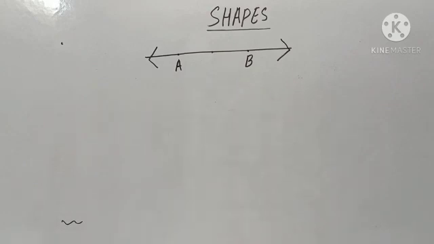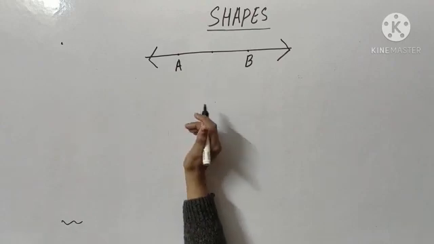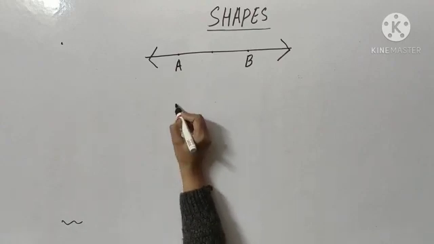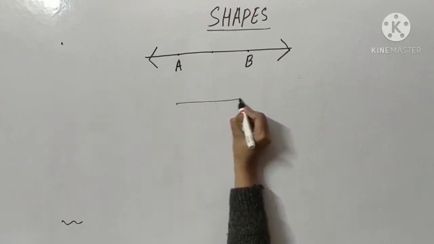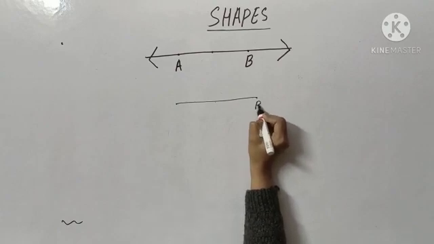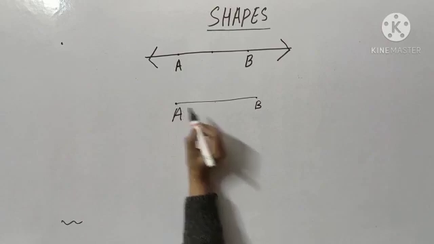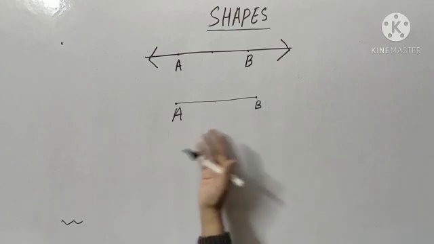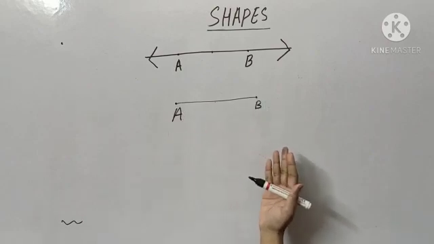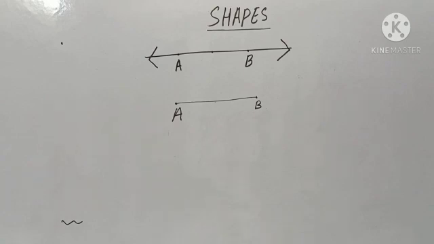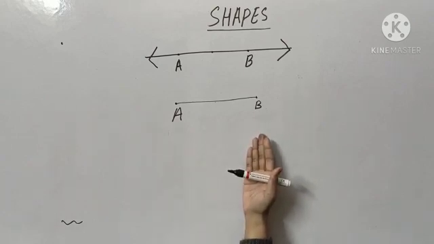Now, again, I am having a line here. Now, suppose I take a portion of the line. That is, this much portion only I am taking. Now, you can see that we are not having arrow in either of the directions. Okay.